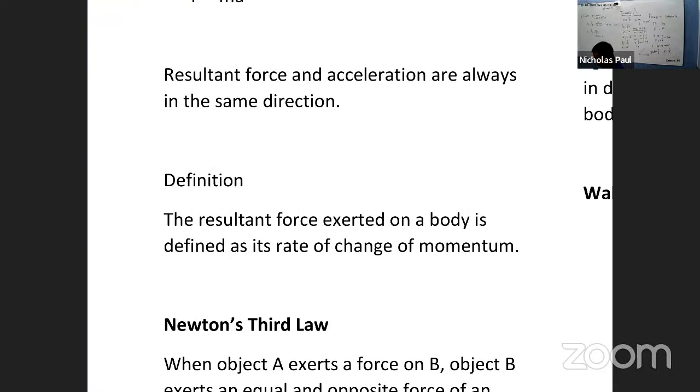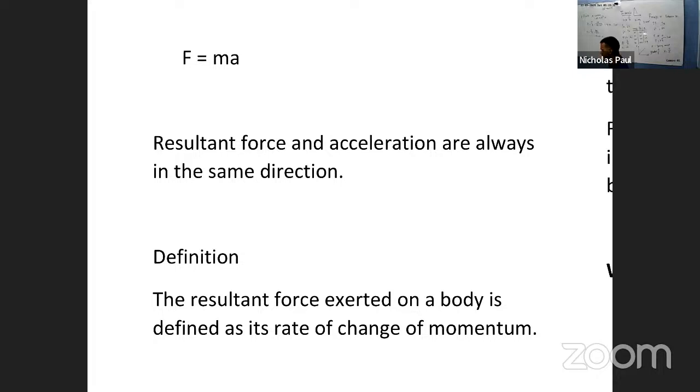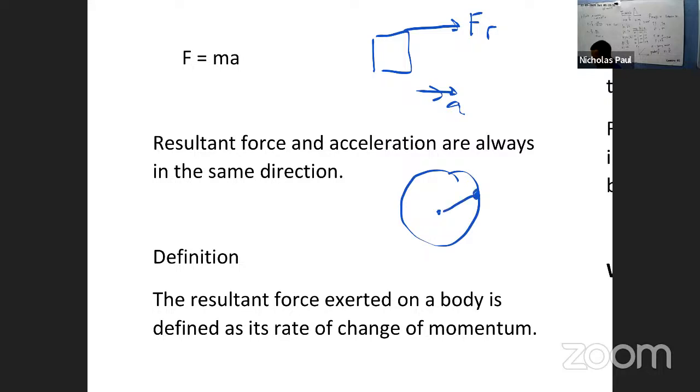F equal to ma: resultant force and acceleration are always in the same direction. So for example, if an object is moving this way and the resultant force acts in the same direction, it means that the acceleration acts in the same direction. Suppose you have an object moving in a circle, and the resultant force acting towards the center.